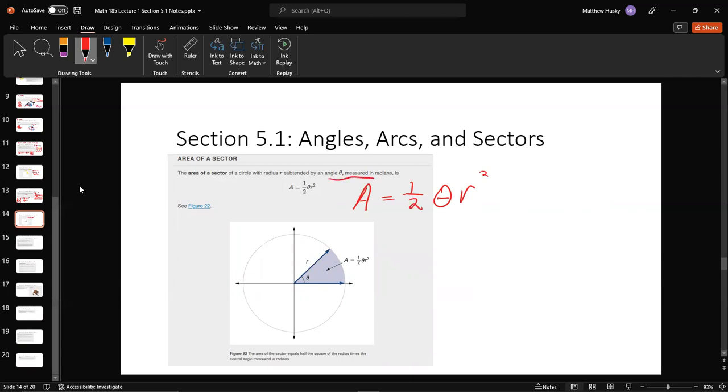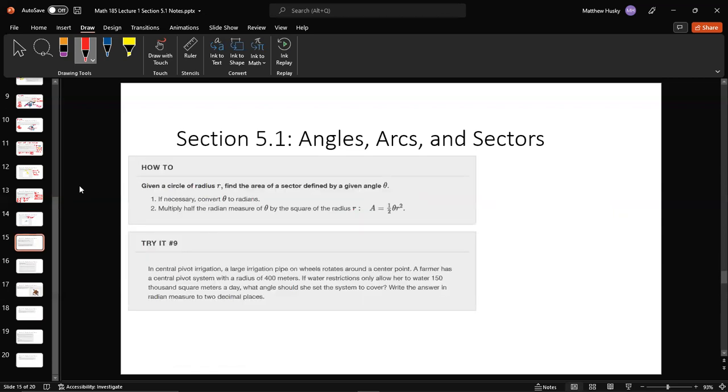As before, this is specific to the angle being measured in radians. So if the angle is not in radians, take a minute to change it to radians first. So that's what they say here: convert to radians, multiply by half, and then square the radius, and then multiply by the angle.